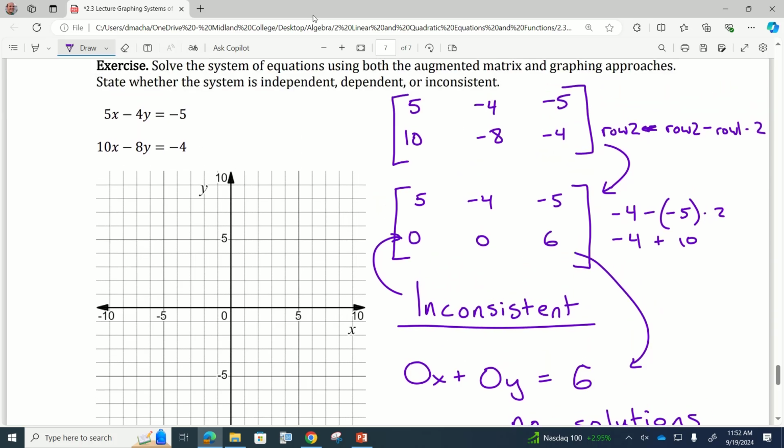And we're going to try to graph this thing. I'm going to use the same method as before, where I put this into slope-intercept form. And that means I would solve for y. So I subtract 5x from both sides, and then I divide by negative 4. So this is actually 5 over 4x plus 5 over 4, once you're done putting that into slope-intercept form.